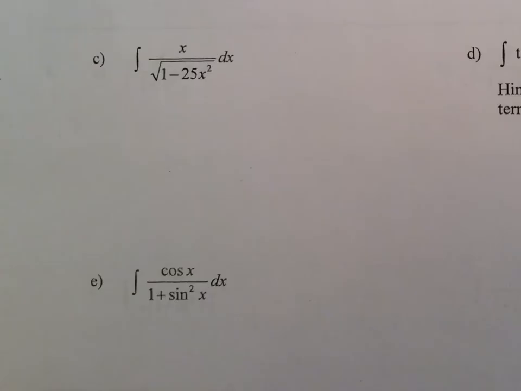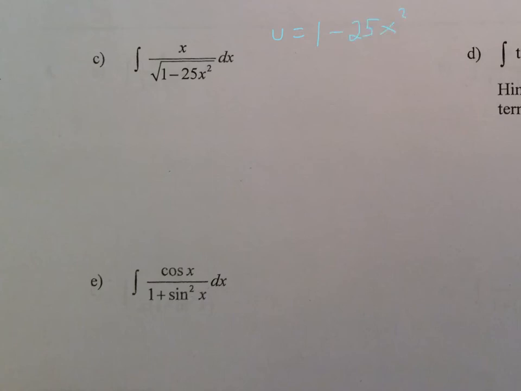The last one that I'm going to do out of this set of problems is c. So I'm going to go through the same process again. Can I find a u that is a direct u substitution before trying to go to trig inverses? So I'm going to try what's underneath the square root sign, which is often a good way to go.